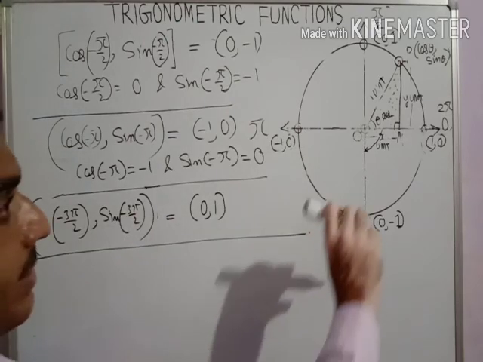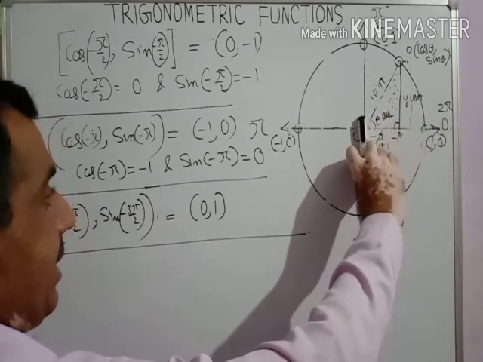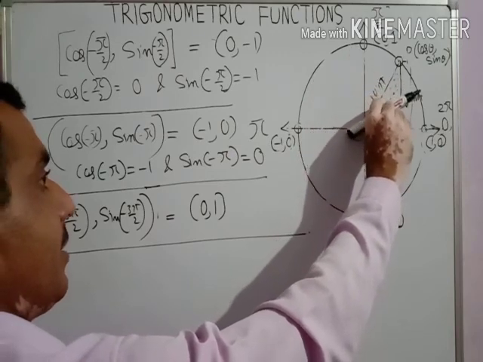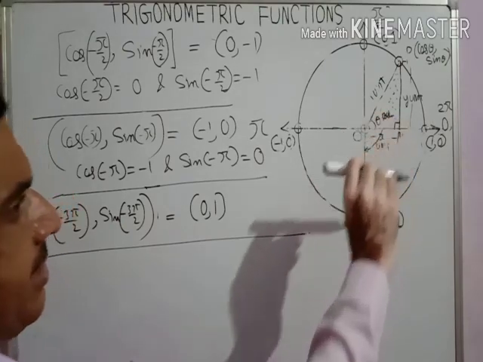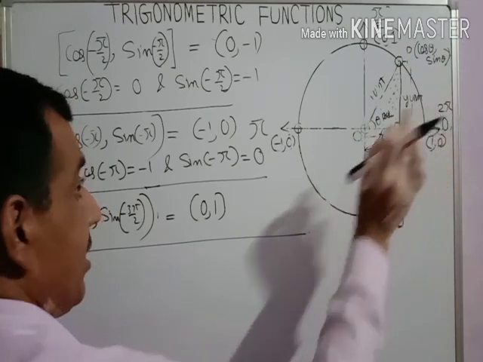Now you visualize this line is going in the clockwise direction. This is 90, this is 180, this is 270, and it completes this 360 degree. 360 is 2 pi radians. So this point and this point both coincide.